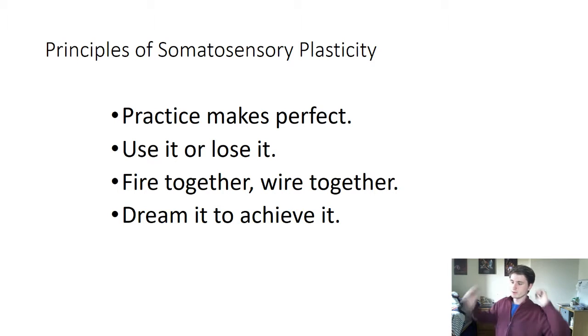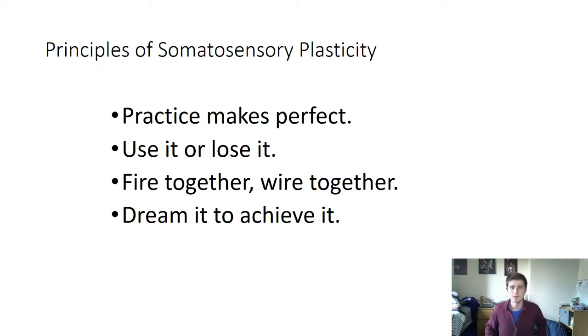So plasticity is this idea that the brain is able to replace itself and effectively rebuild itself. It can change its function pretty well. And this is kind of governed by 4 rules.